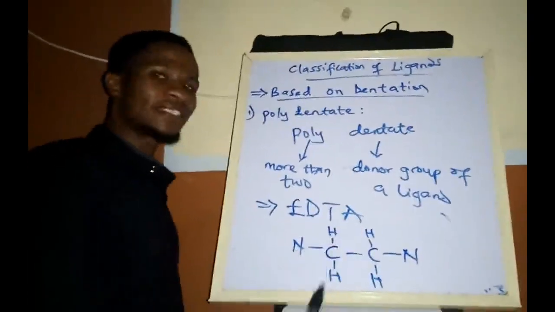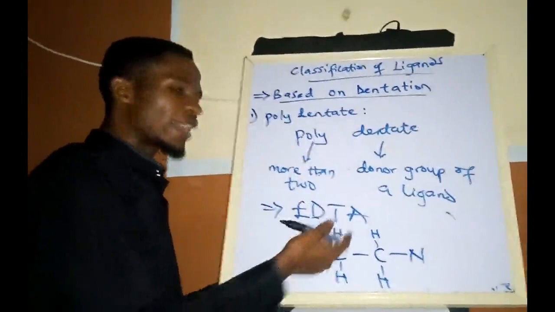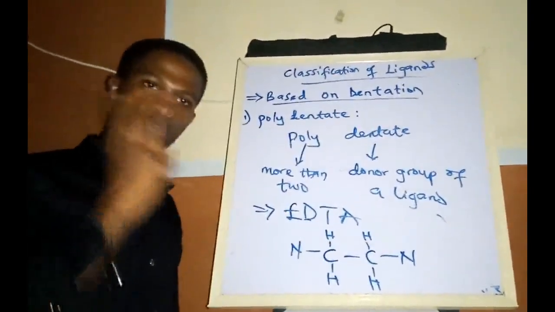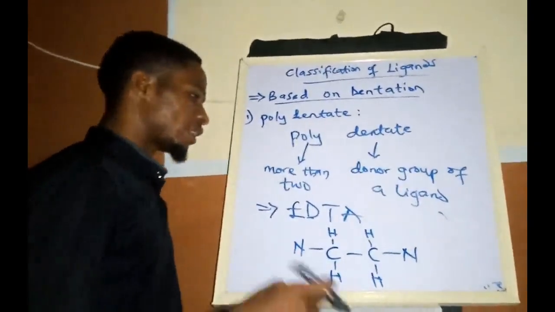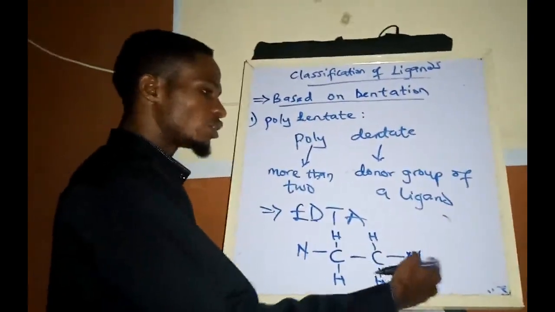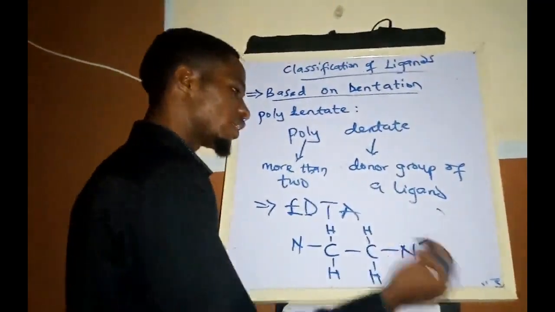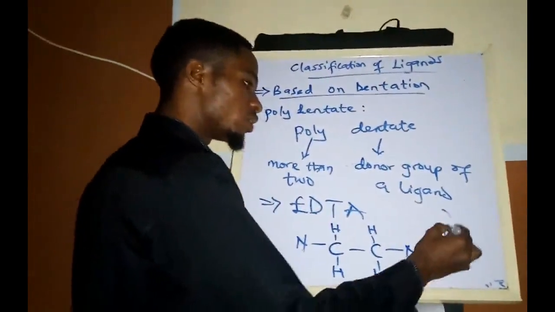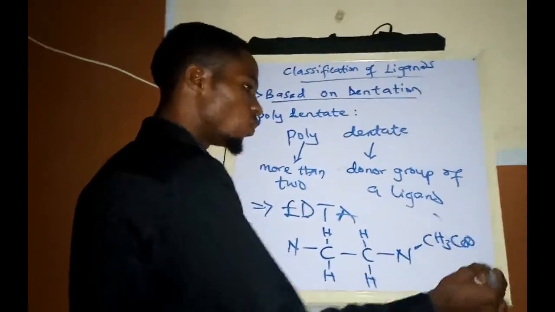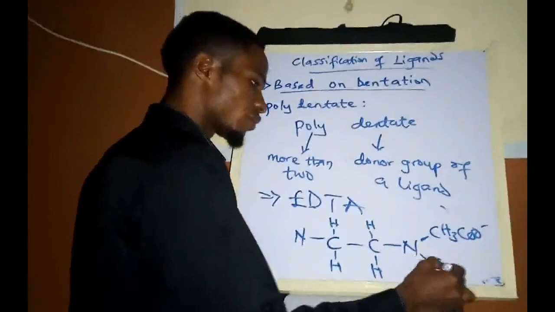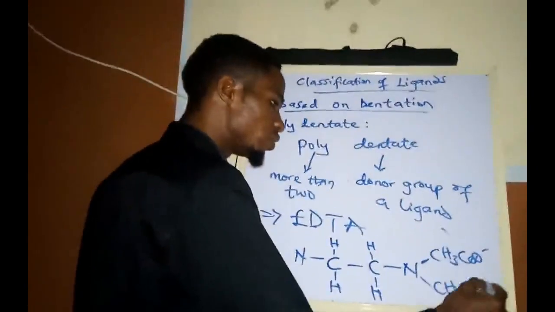For the tetraacetic acid, acetic means acid with two carbon, that is acetic acid. The hydrogen from ethylene diamine has been replaced by acetic acid, which is CH3COO minus, CH3COOH.